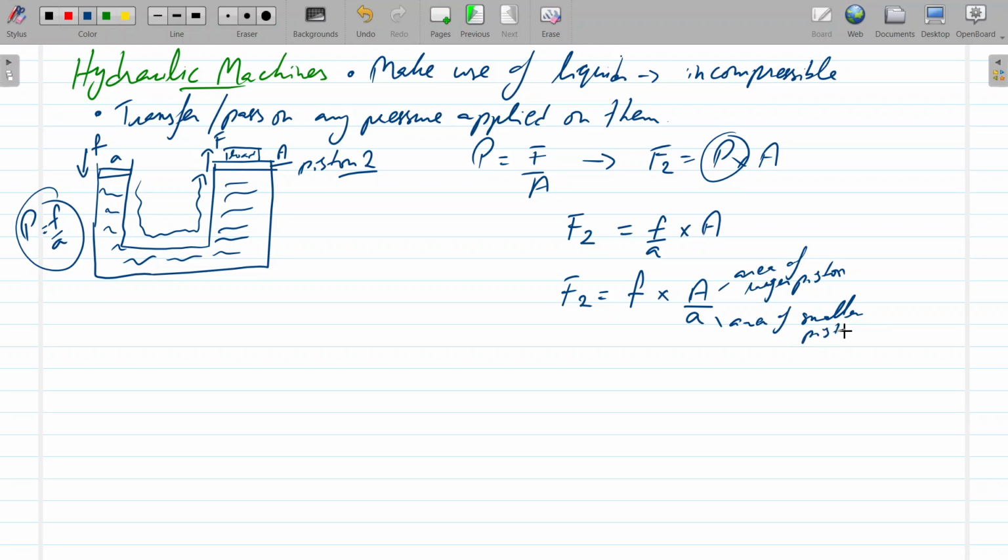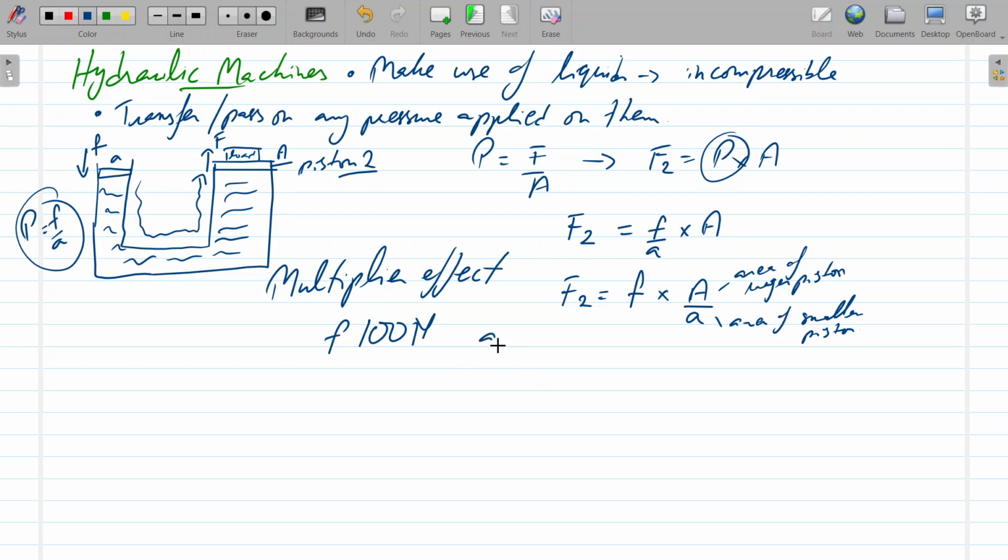And so basically, because the area of the larger piston is greater than the area of the smaller piston, obviously, what's happening over here is what's called a multiplier effect. How is it a multiplier effect? For example, you applied a force of 100 newton, so small f equals 100 newton.